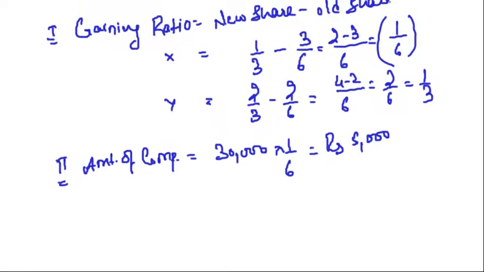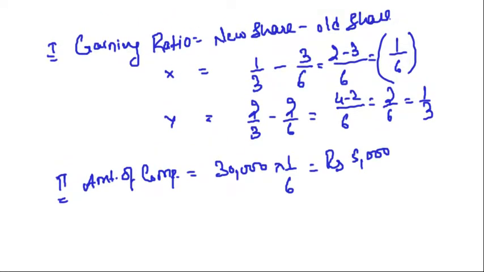Now the important point here is that one of the partners is sacrificing. The partner X is sacrificing at the time of retirement of Z. So is he also liable to be compensated by Y? Yes, sir. If at the time of retirement, any of the remaining partners is sacrificing, then he is liable to be compensated by the gaining partner.